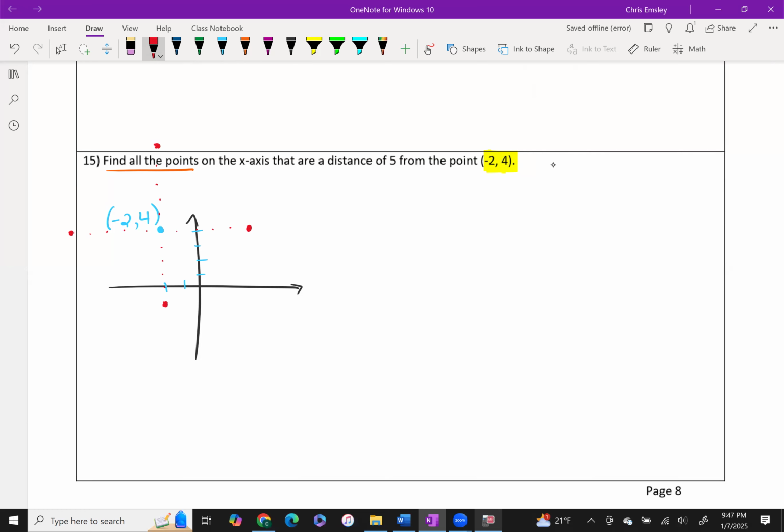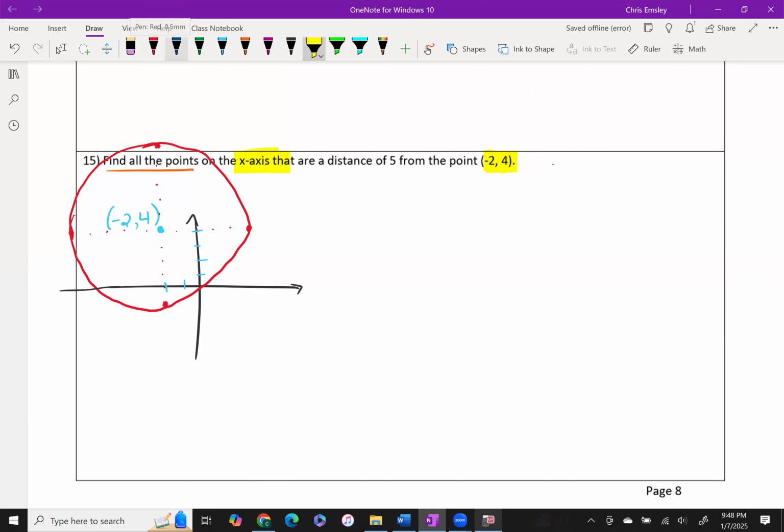And if I did that in every direction possible, what would I get? I'd get a circle, right? These points on this circle, pretend it's a nice circle instead of a wobbly circle, are all 5 units away from that point in the middle that we're interested in. But our problem doesn't ask us to find all the points that are 5 units away. It asks for all the points 5 units away that are on the x-axis.